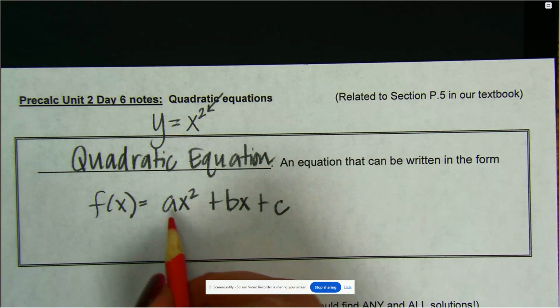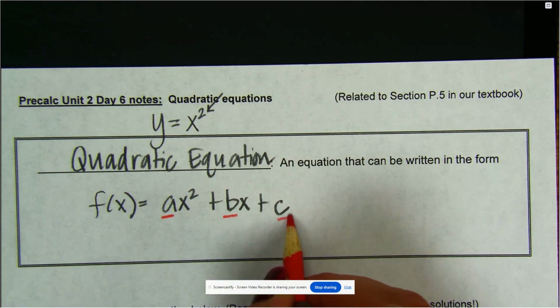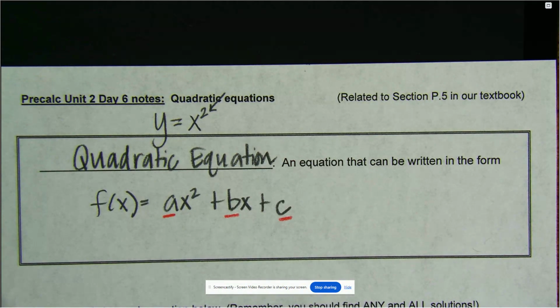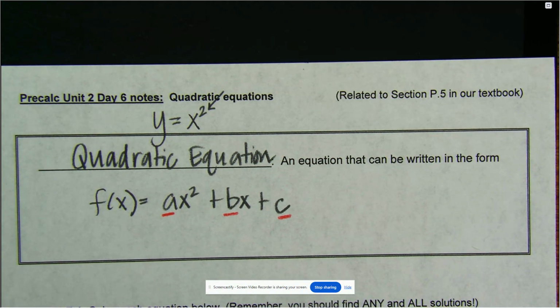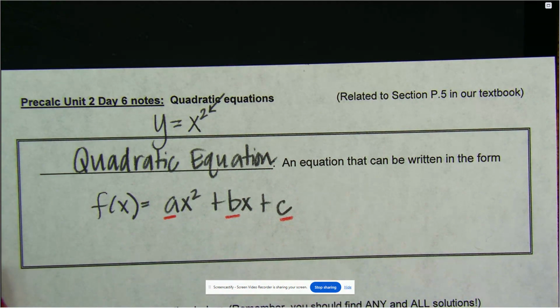And a, b, and c are coefficients, just numbers. A quadratic equation can look a lot different depending on if it's been factored or manipulated. This right here would be called standard form.